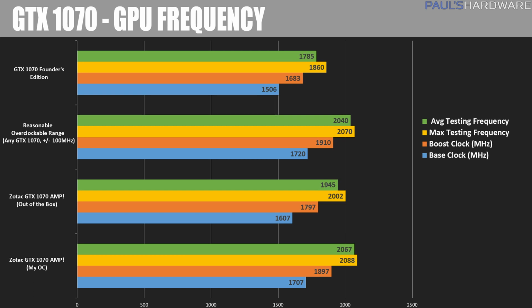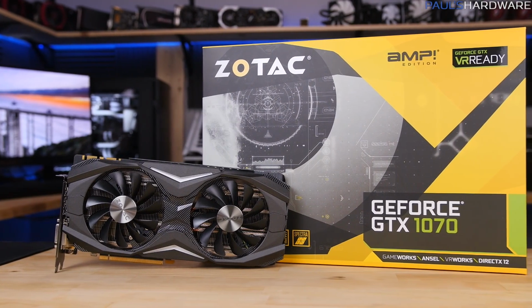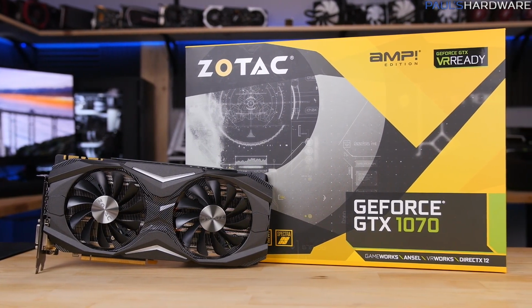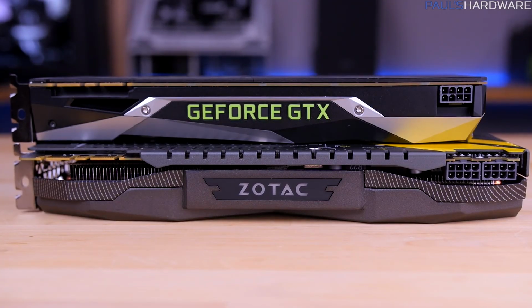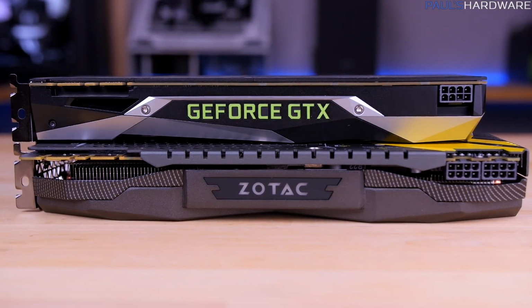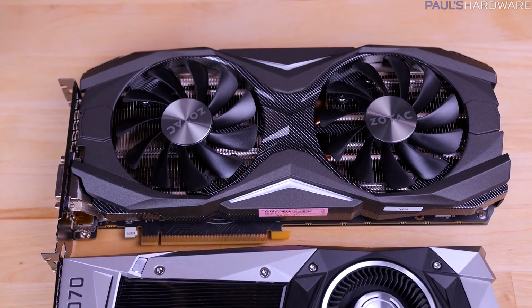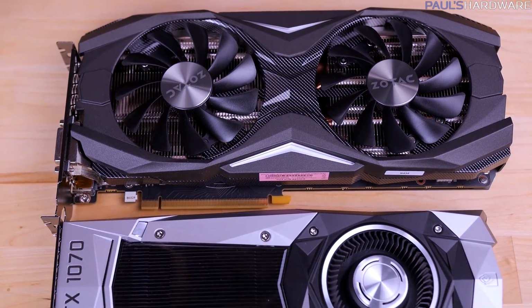Then there is what I call the reasonable overclocking range, which I usually determine by testing myself or reading reviews online. For the GTX 1070, about 2 to 2.1 GHz maximum boost is what most people can expect. Now, add-in board manufacturers will tweak their designs in several ways to give the impression that it might be able to overclock better and hit the upper end of that reasonable overclocking range, such as redesigning a custom PCB and increasing the board's available power delivery capabilities, or creating a massive cooler with more heatsink surface area and additional fans.